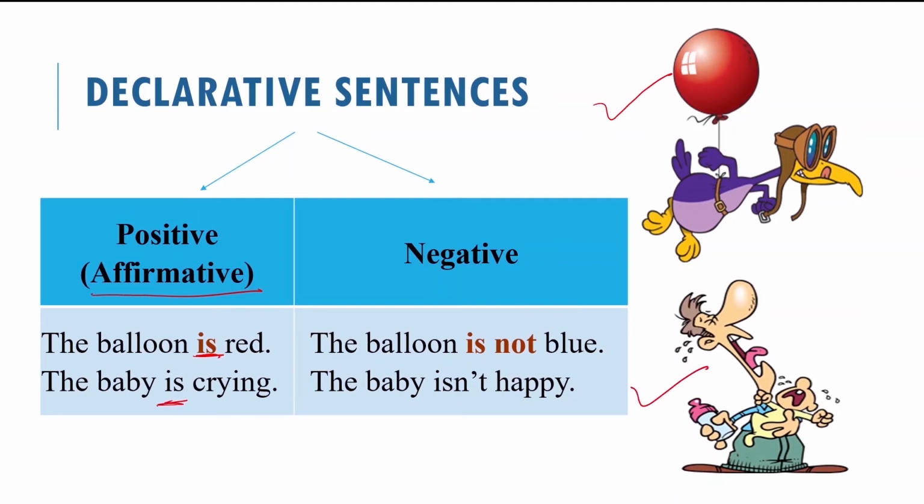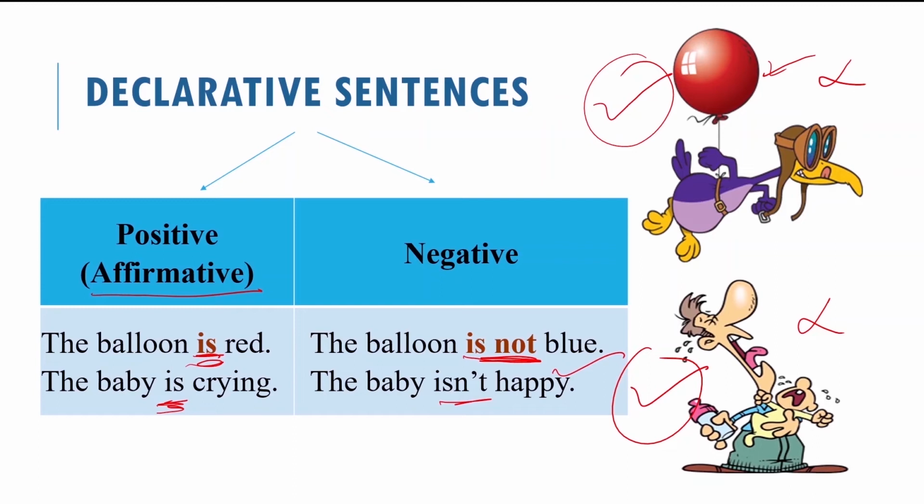In contrast to these, the balloon is not blue. The baby is not happy. So these ones are affirmative sentences where the verb is positive, and these ones are negative sentences where the verb is negative. So basically, affirmative sentences tell us what something has, does, or is, and negative sentences tell us what something has not, does not, or is not.